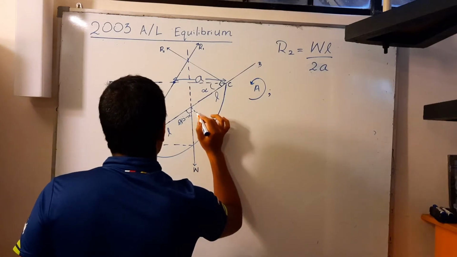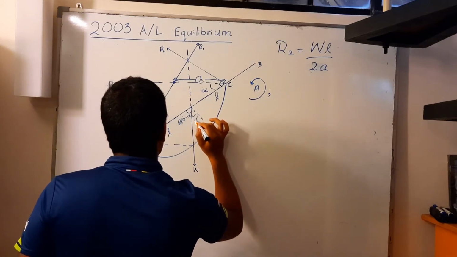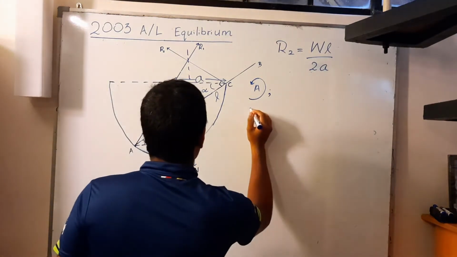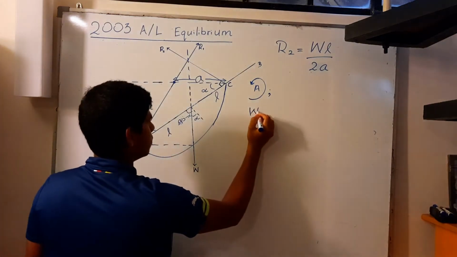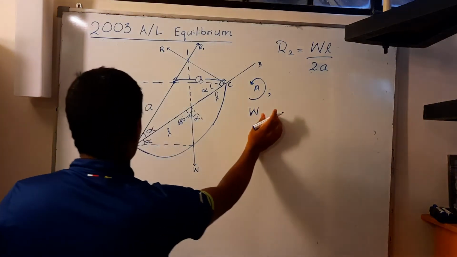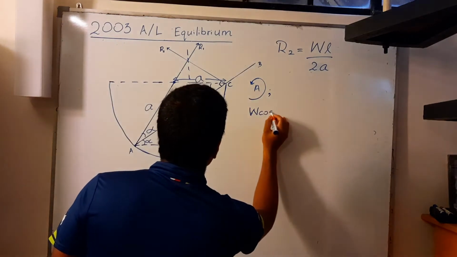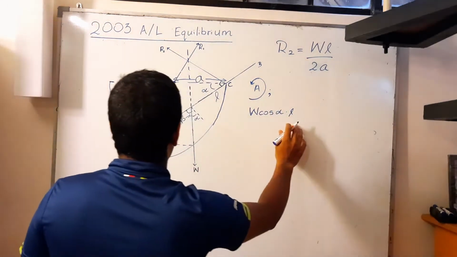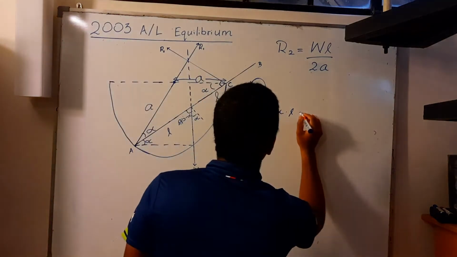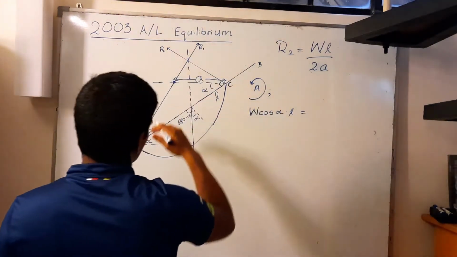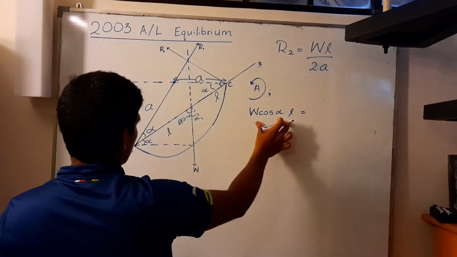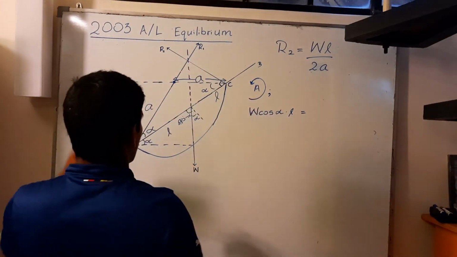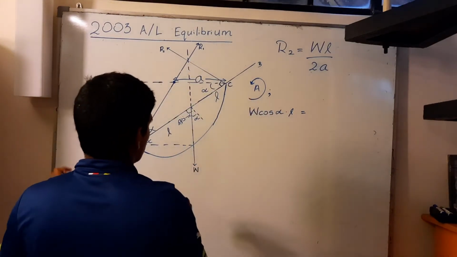Therefore, this angle will be alpha. So we can say W cos alpha into L equals R2 times something. The W is the clockwise moment, and R2 is acting in the anti-clockwise direction, so I'm going to equate both of those.